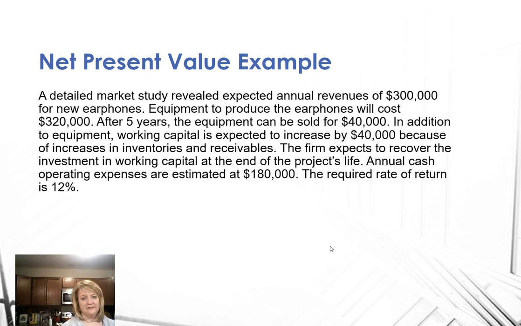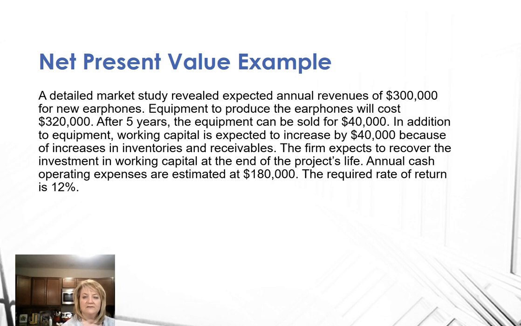So let's do an example of net present value. A detailed market study revealed expected annual revenues of $300,000 for new earphones. Equipment to produce the earphones will cost $320,000. After 5 years, the equipment can be sold for $40,000. In addition to equipment, working capital is expected to increase by $40,000 because of increases in inventories and receivables.